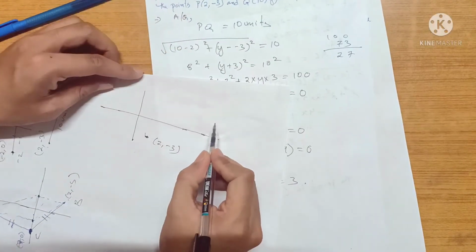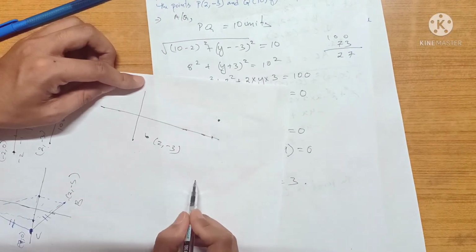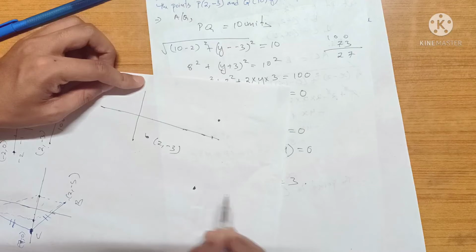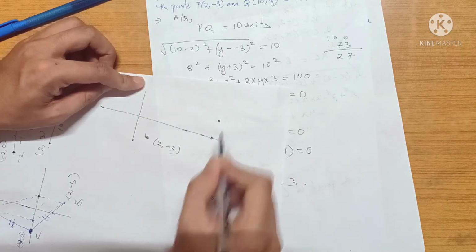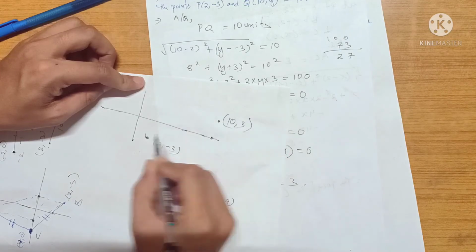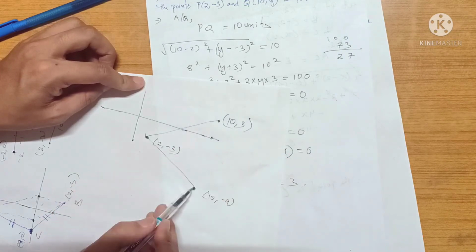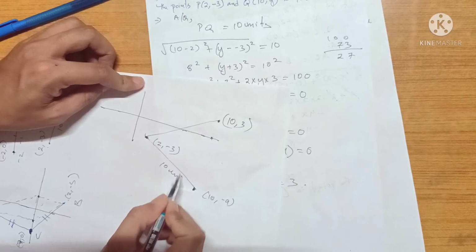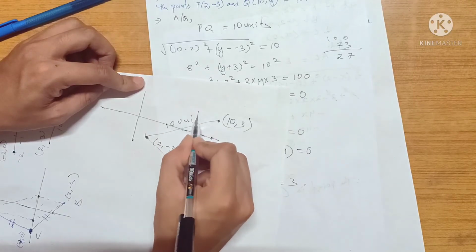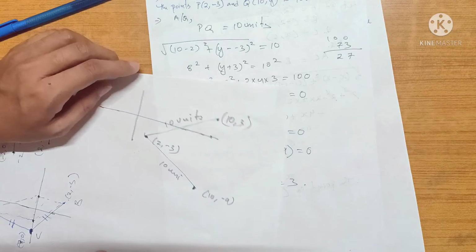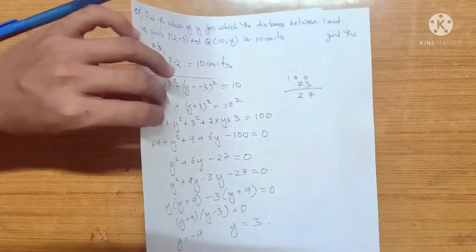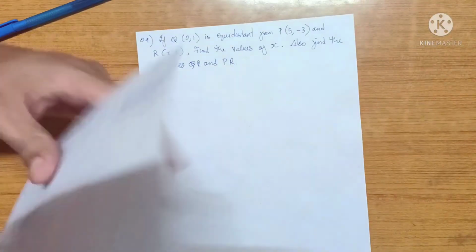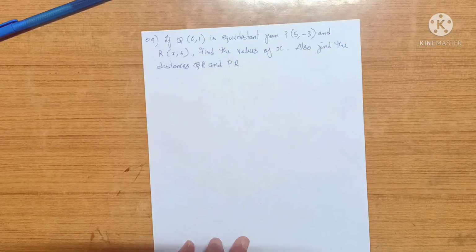So on y, we're getting 3, and on y, we're getting minus 9. So it's like 10, minus 9 and 10, 3. So the distance between this and this and this and this is 10 units and 10 units. This is why we're getting 2 points. Got it? Because you have to understand the concept properly in case you want to answer all the MCQs properly.